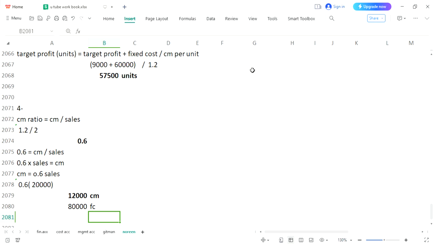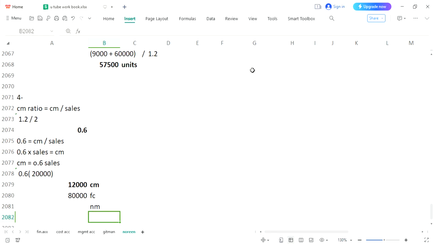So you can calculate your net margin now, which is the difference between contribution margin and fixed cost. As I should remind you, very first thing is sales, then you subtract your variable cost, you get contribution margin, then you subtract your FC, you get net margin.